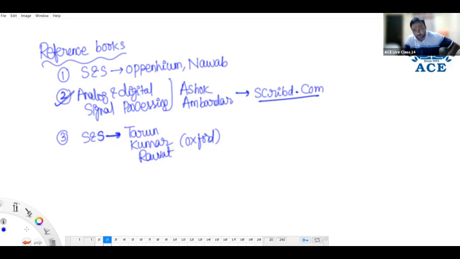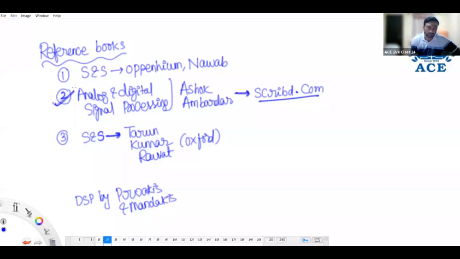These are standard books. I will follow Oppenheim and Willsky. Some topics I will follow from B. P. Lathi, some topics DSP by Proakis. Different books. It is not possible for you to follow all these books, so better go with this.